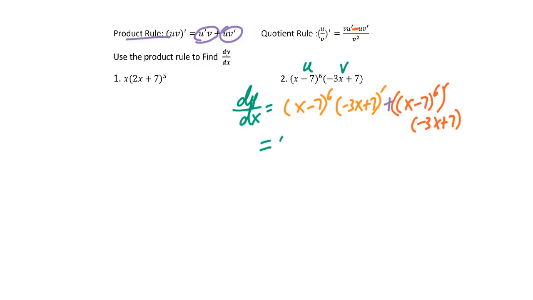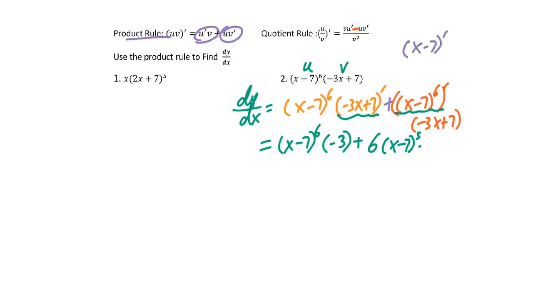So, (x - 7) to the 6th power. Here's the derivative. You will get negative 3 plus. When you do the derivative for that, power rule first. So 6 times (x - 7) to the 5th power. Then you have to do the inside. The derivative for x - 7 is 1.